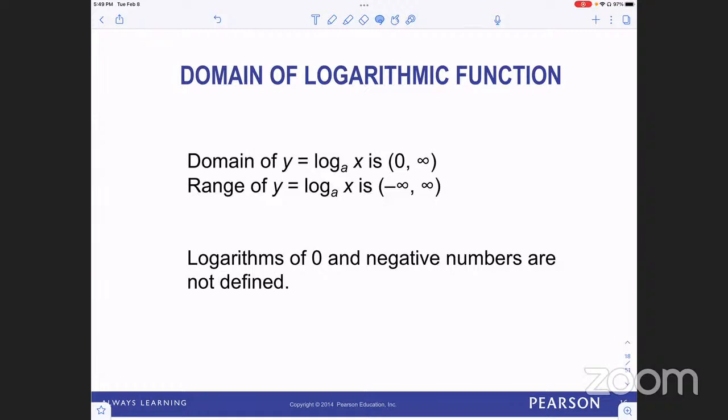So basically switch places. So once you are clear about the domain and range for exponential, as long as you can reverse those, then you get the domain and range of the log. So logs of zeros and negative numbers are not defined. So the domain of log is restricted to strictly positive numbers.